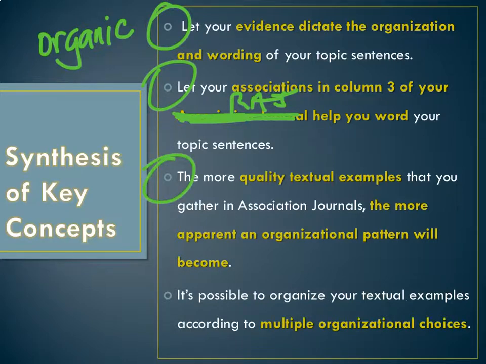Also, the more quality textual examples that you gather in your rhetorical analysis journals, the more likely it is that you're going to see one of these organizational patterns emerging. If you gather poor textual examples, if you gather examples that are not showing the ideas that you think they're showing, then you're really starting off this process in a really poor way. So you just got to be sure that you gather a lot of quality examples.